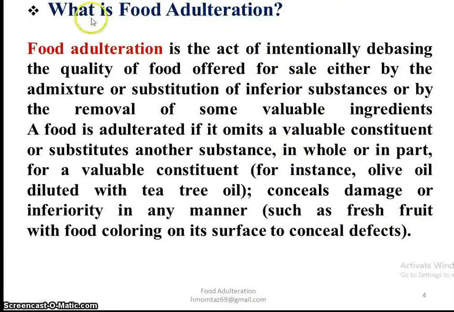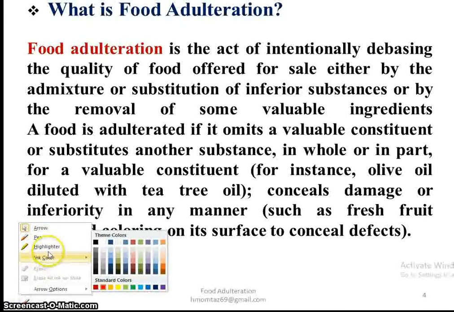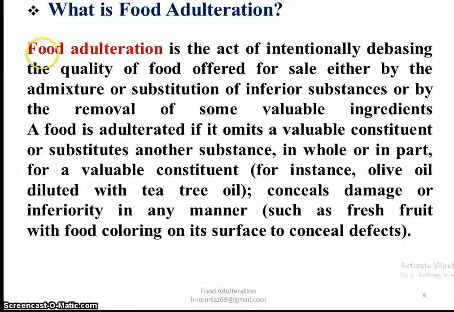Now see what food adulteration is. You see, food adulteration is the act of intentionally debasing the quality of food offered for sale, either by the admixture or substitution of inferior substances or by the removal of some valuable ingredients.